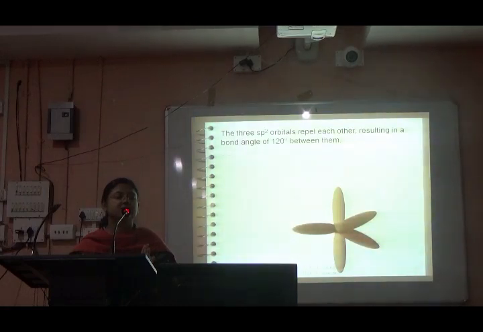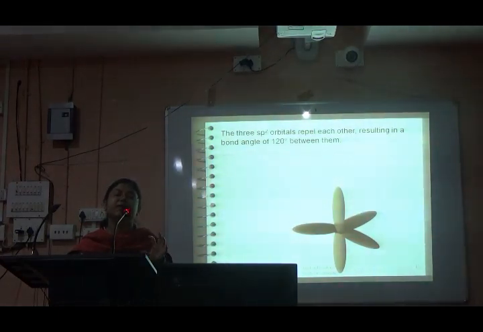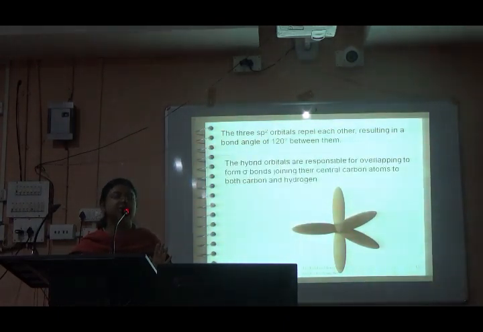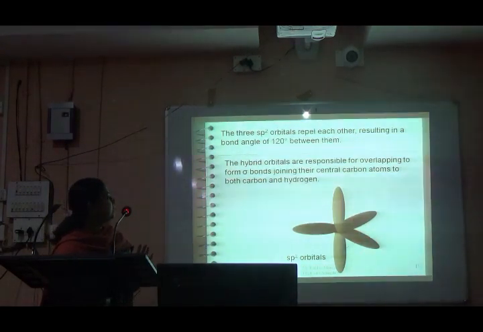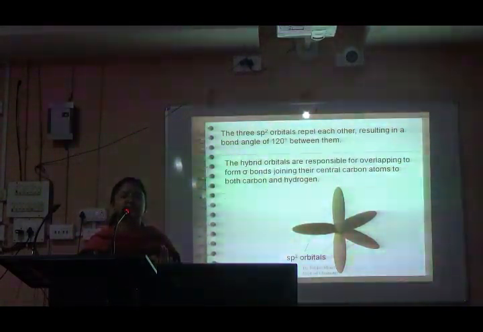Now these 3 sp2 hybrid orbitals obviously have to have an orientation to minimize electronic repulsion, and the best possible orientation is a planar orientation with an angle of 120 degrees between them. These are the 3 sp2 hybrid orbitals, and this is the unhybridized pz orbital standing out.